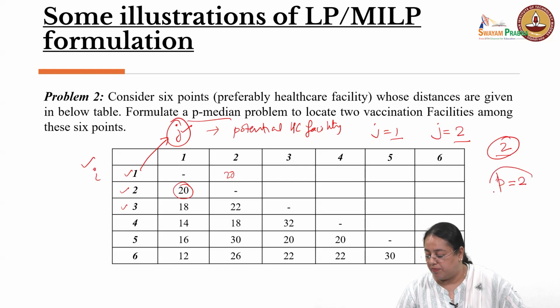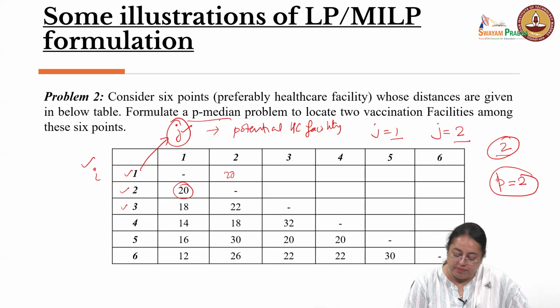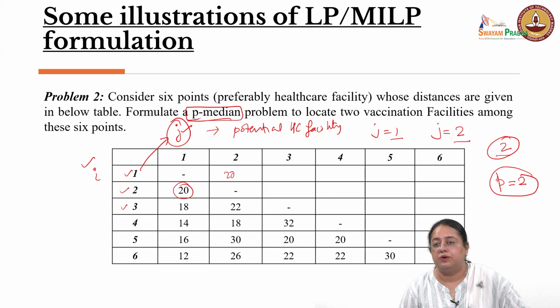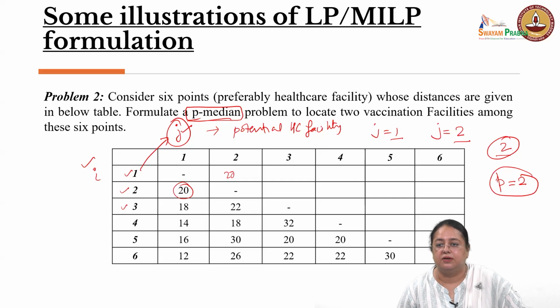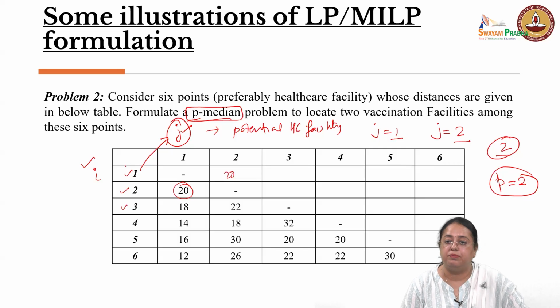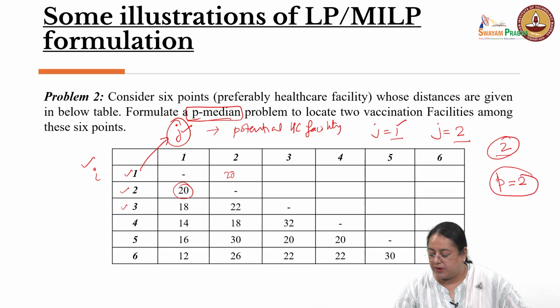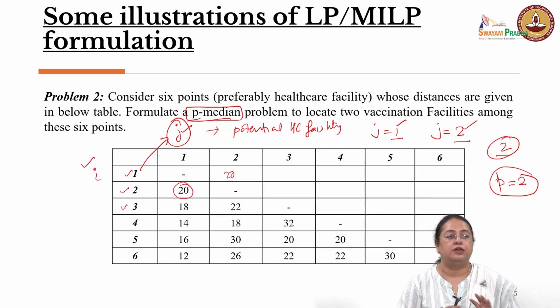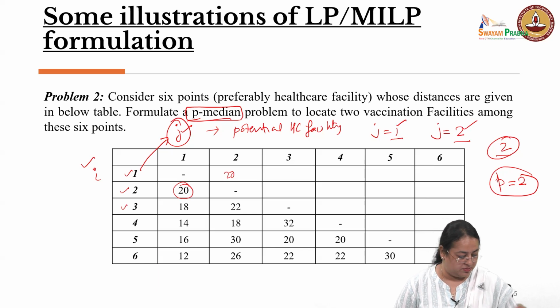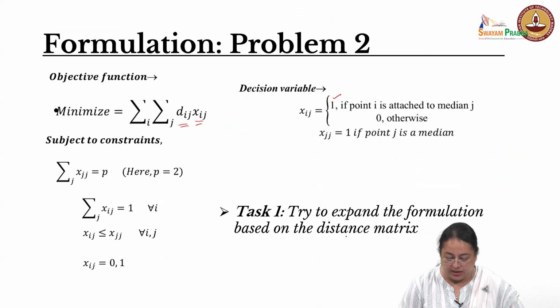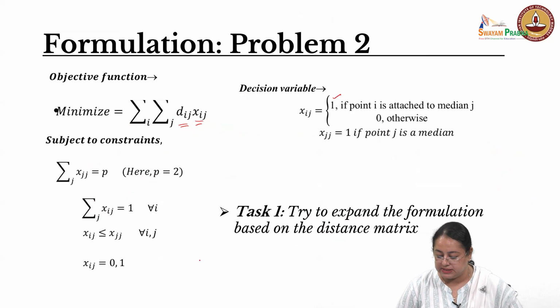So p stands for how many facilities we want to locate, and this is the p-median. It tells us, distance-wise, what would be the minimum distance covered between all these facilities when all node points are connected to either j1 or j2 in such a way that the total distance is minimized. So how are we going to do that? Our objective is to minimize the distance.